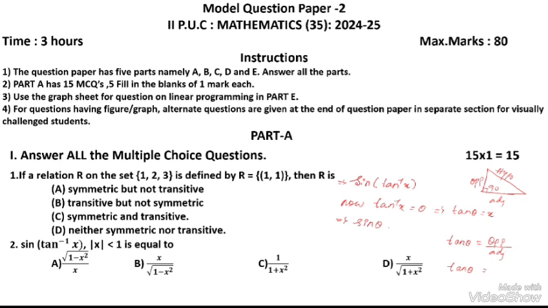Tan theta equals x, that is x divided by 1. The opposite side is x.